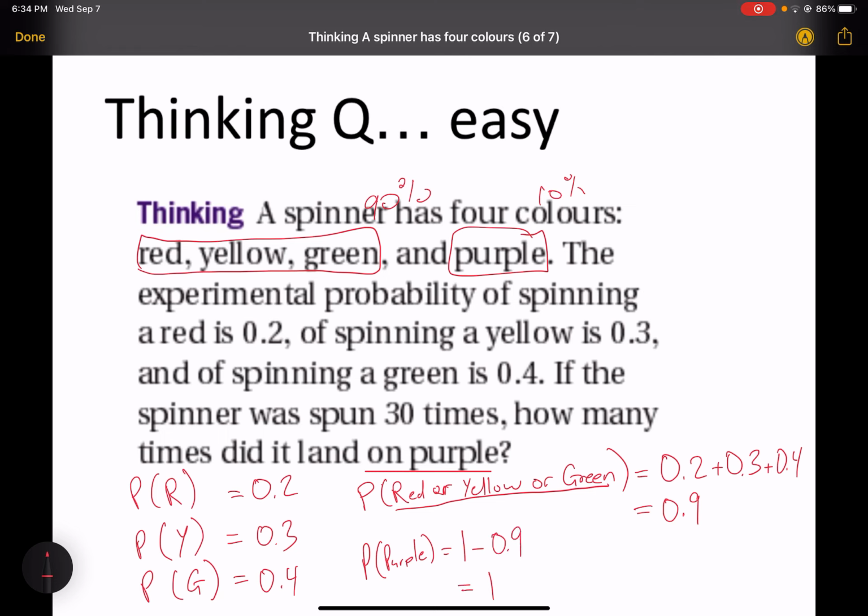So, if the spinner was spun 30 times, how many times do you think it landed on purple based on experimental probability? Well, that's easy. It should be 3 times, which is 10% of 30, which is 3 times.